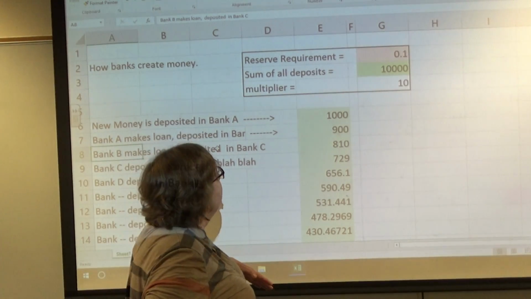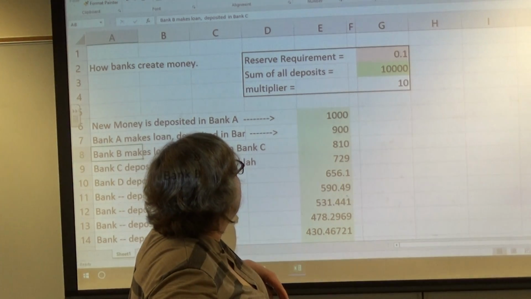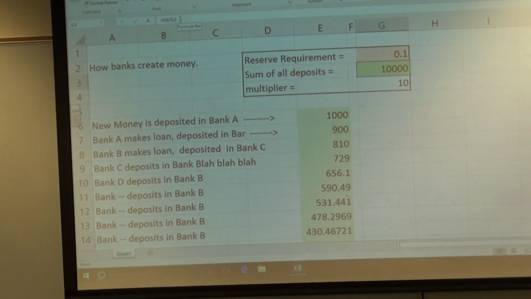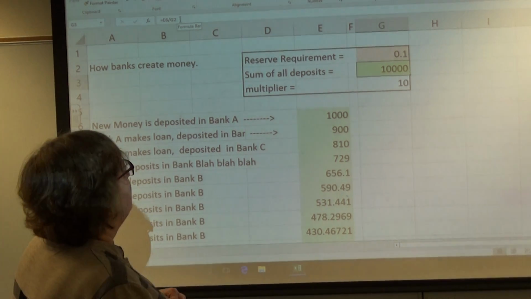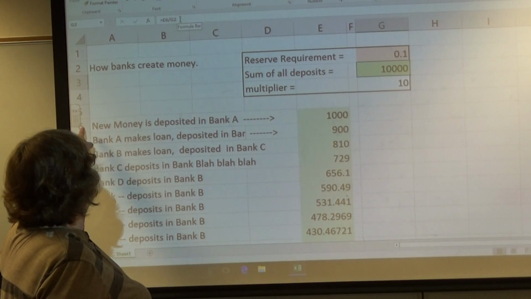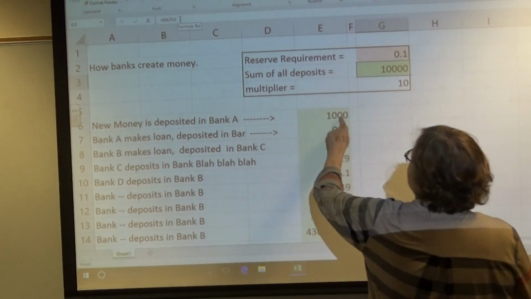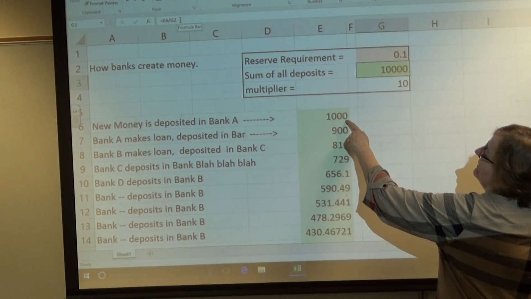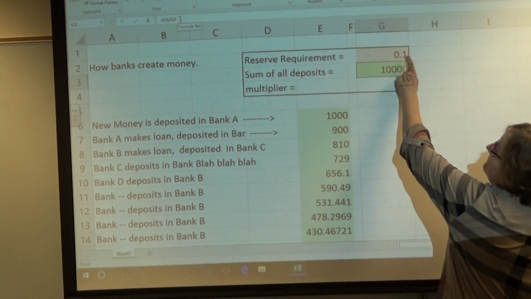Okay? And basically, here's the formula I used for this one right here. I don't know if you can see up here, but I just took line 6, so this is E6, this is the deposit amount. I took this amount and I divided it by the reserve requirement.